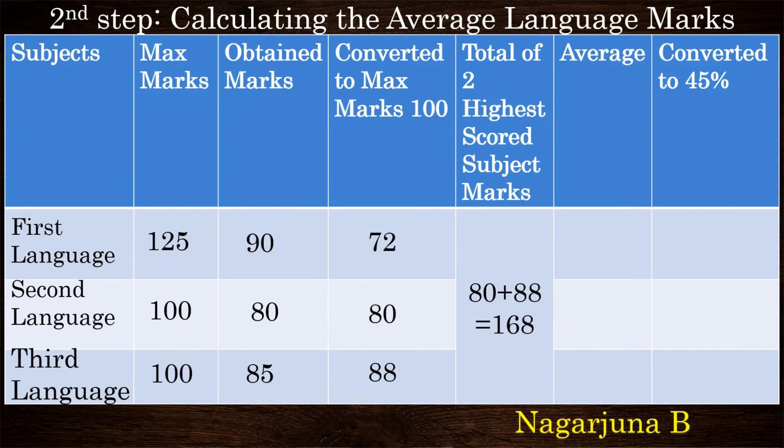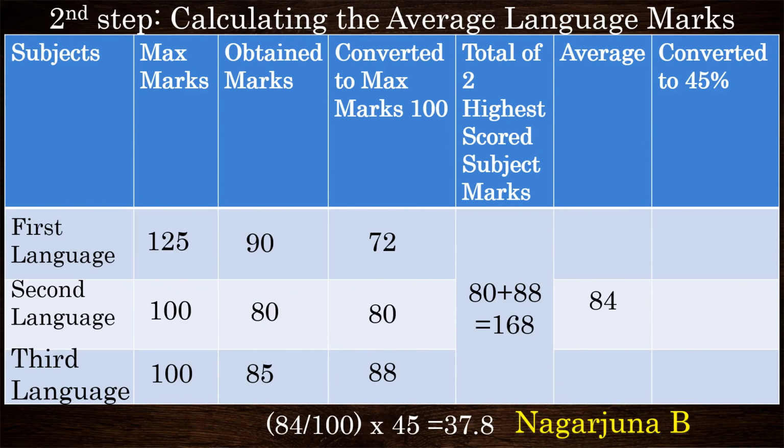The next is average. So this 168 divided by 2 is 84. Convert this one to 45%. How to convert this to 45% is open the bracket 84 divided by 100 close the bracket into 45. This is equal to 37.8.